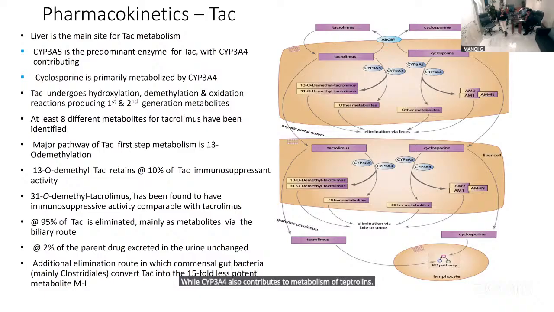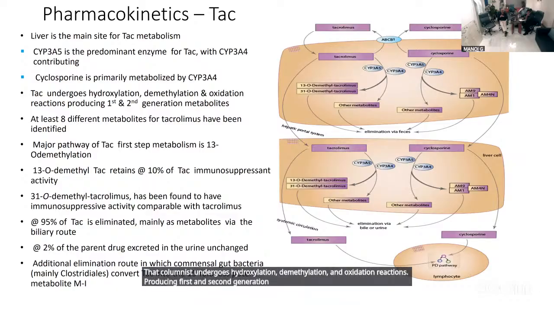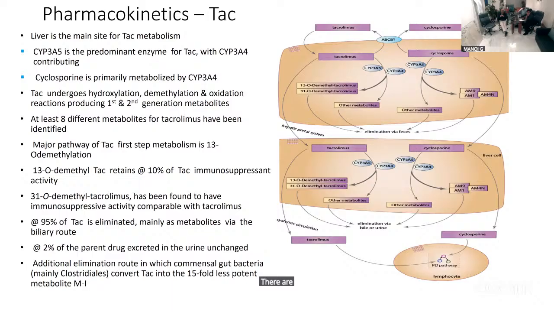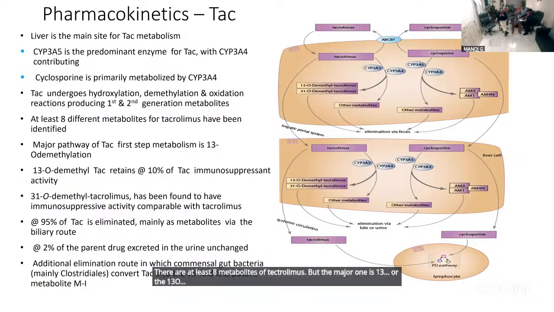Cyclosporin is primarily metabolized by CYP3A4. Tacrolimus undergoes hydroxylation, demethylation, and oxidation reactions, producing first and second generation metabolites. There are at least 8 metabolites of tacrolimus, but the major one is 13-O demethylation.